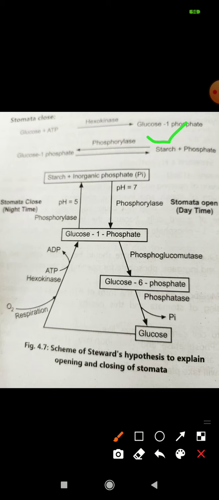So starch plus phosphate in the presence of phosphorylase enzyme, glucose 1 phosphate is produced.